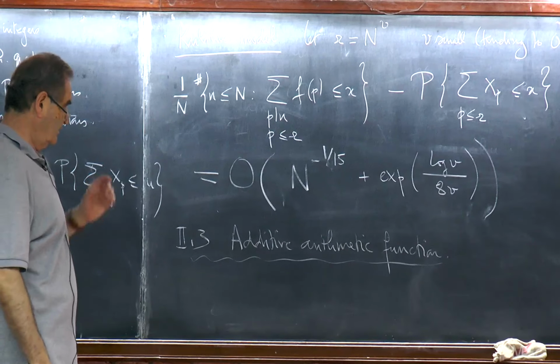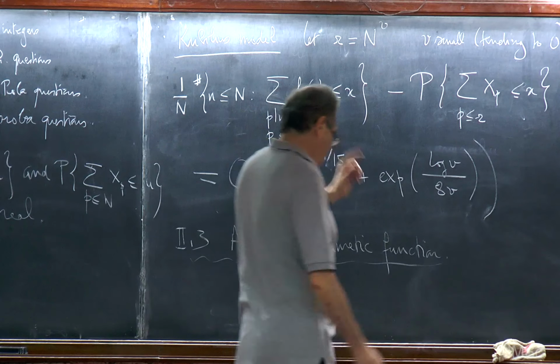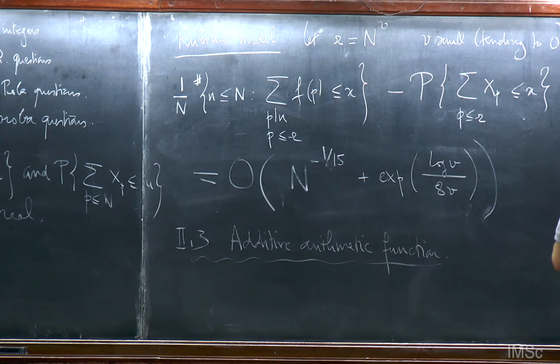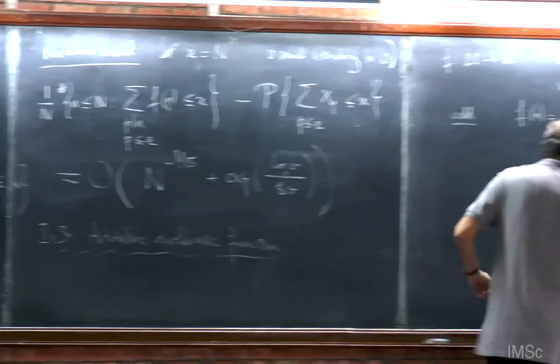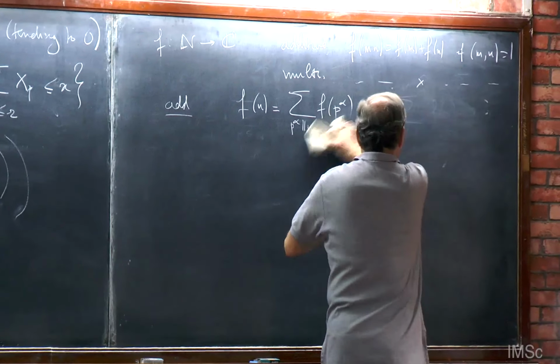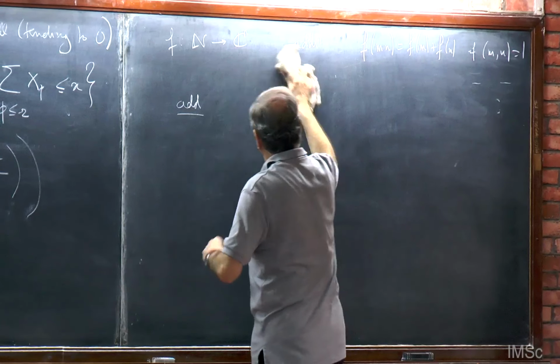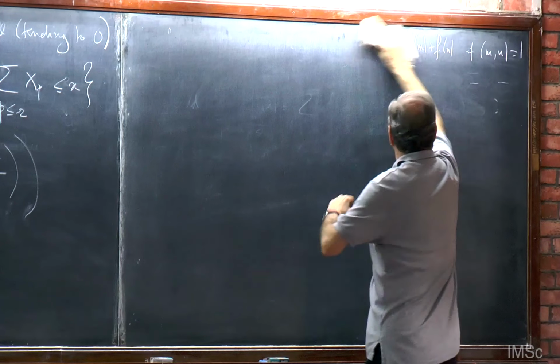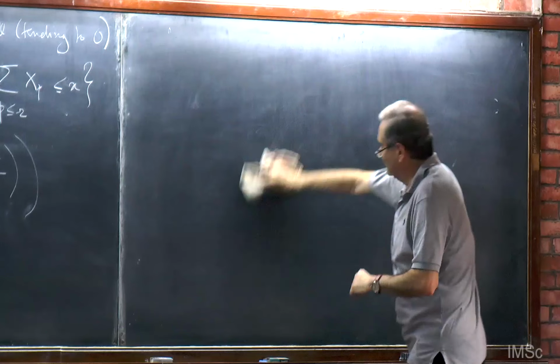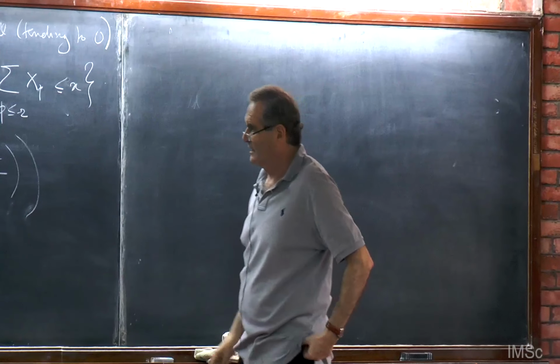Now, something you have to understand is the following: what is the big difference between Hardy and Ramanujan and Erdős-Katz for omega of n? And this I want to comment because this is something important.